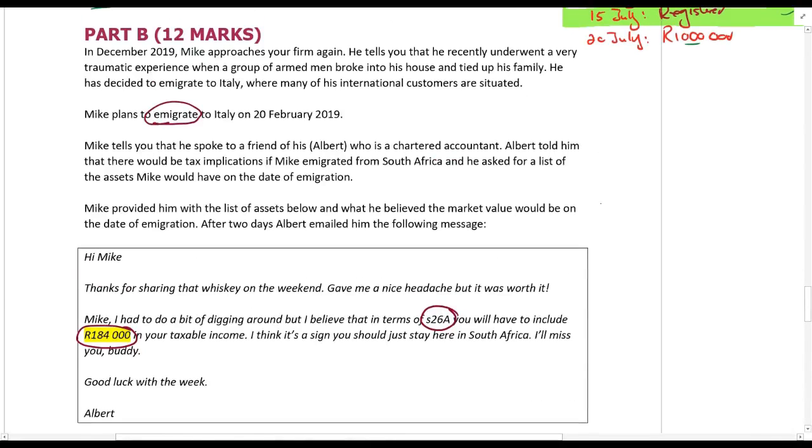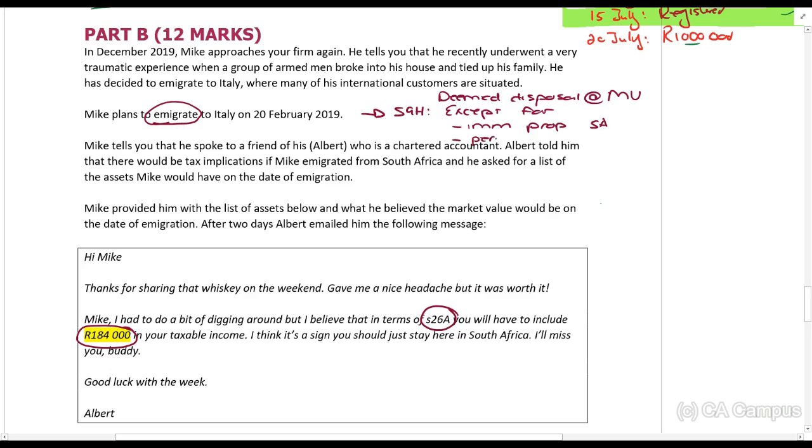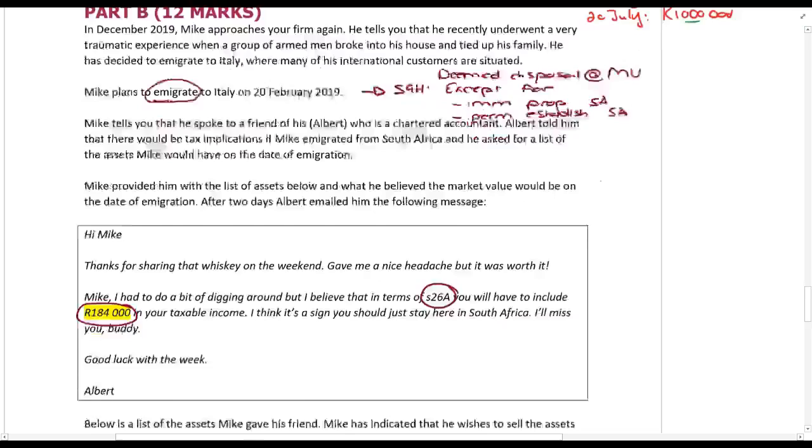Because you need to remember when you immigrate, Section 9H applies and it says there's a deemed disposal of your assets at market value, and I'm going to remind you, except for immovable property in South Africa and permanent establishment assets in South Africa.